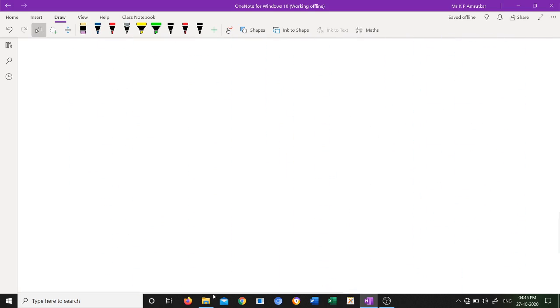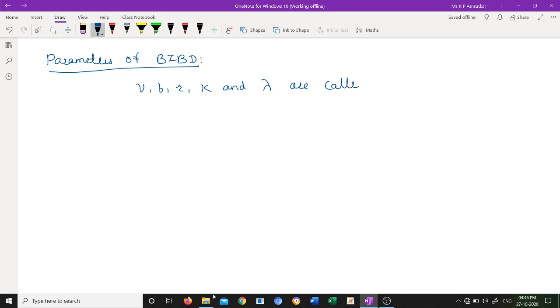Now we are going to see the parameters of BIBD. V, B, R, K and lambda are called the parameters of BIBD.